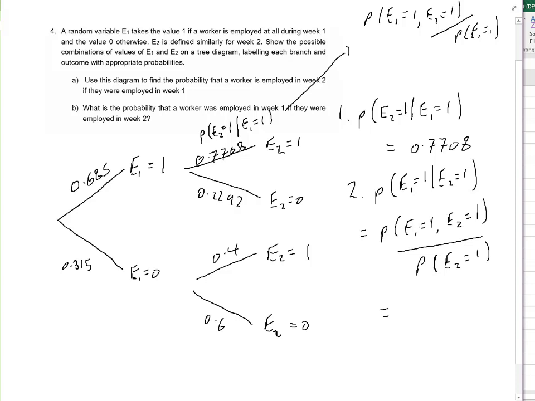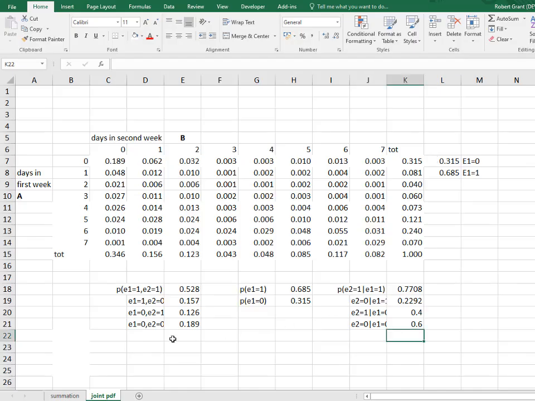So the probability that they got a job in some way, I think I've answered that already. We had the chance that they got some kind of job in both weeks. Oh yes, this one, isn't it?